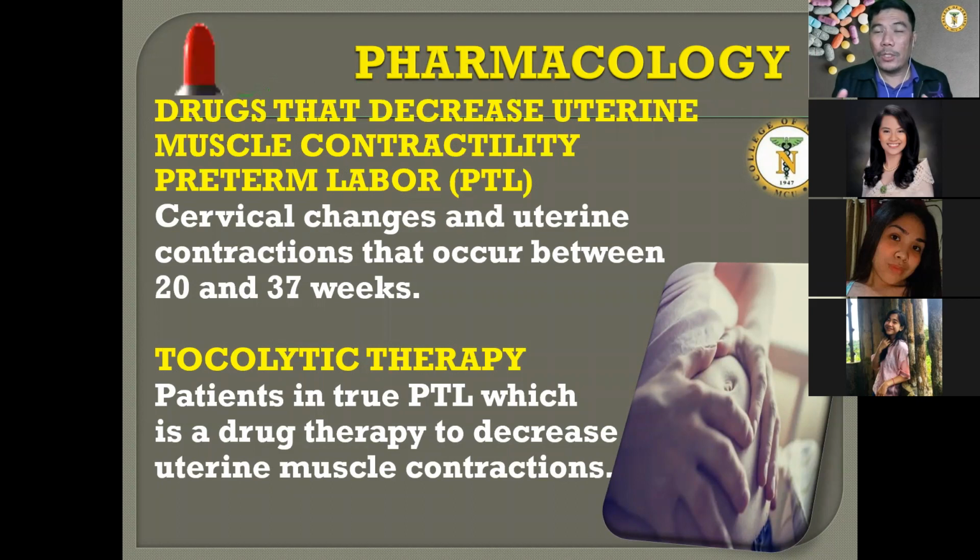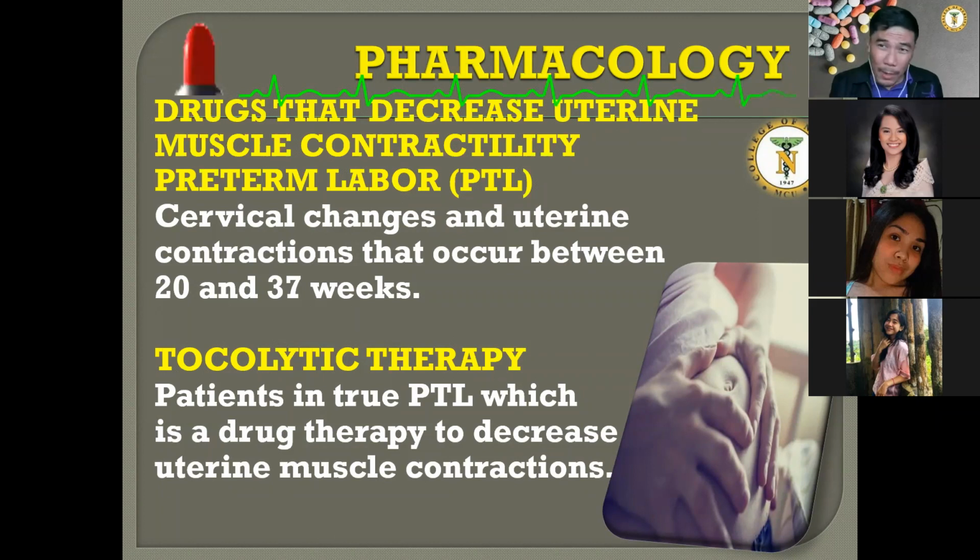Chances pa yan ng expulsion pa ng fetus yan eh. So ang ano diyan, between the 20 to 37 weeks, these are the periods that are very critical if it causes already spotting, if it causes even minor contractions, or yung talagang abdominal tenderness lang, which is an indication of muscle contraction. So it's between 20 to 37 weeks.